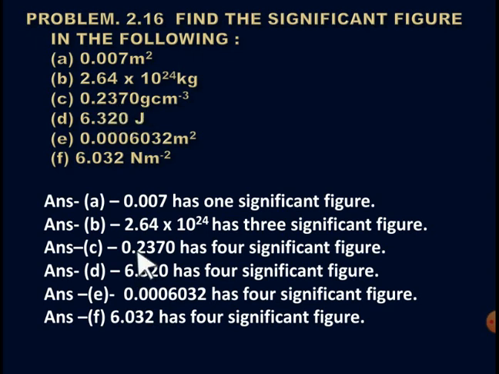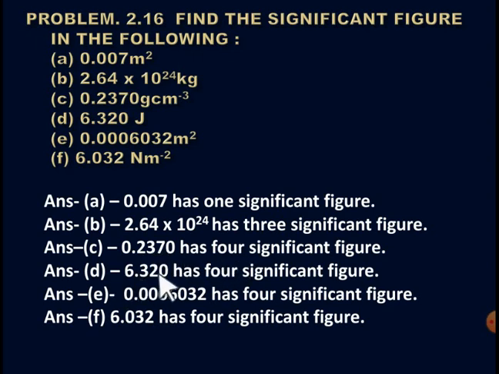Here the decimal point comes before the non-zero digits, as the number is less than 1, but the zero that comes after the non-zero digits after the decimal point is significant. So all these digits are significant. That means 1, 2, 3, 4 significant figures.